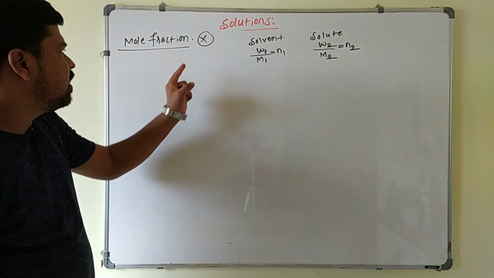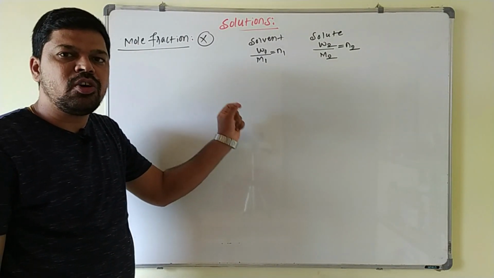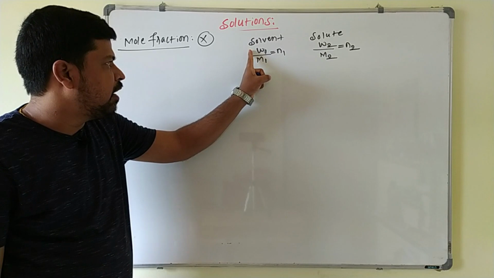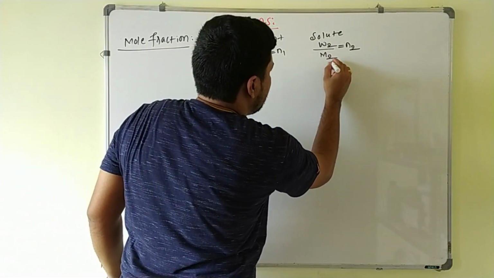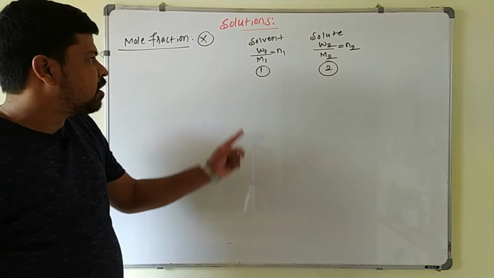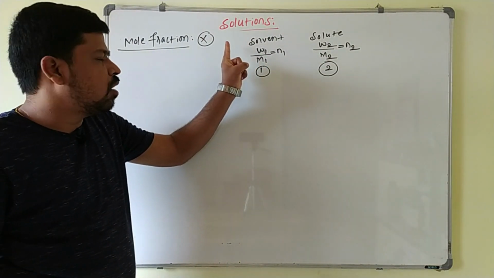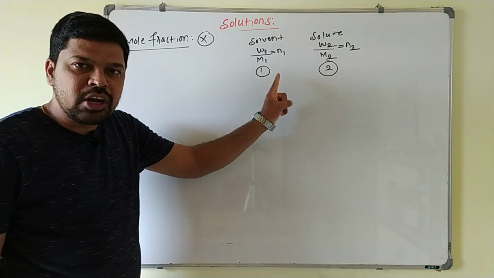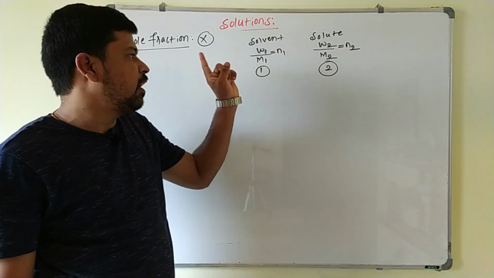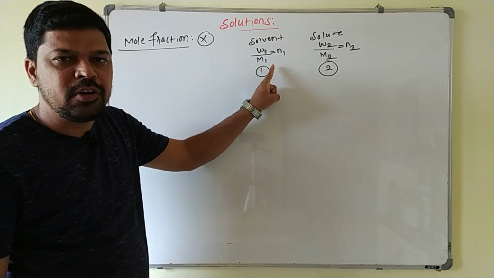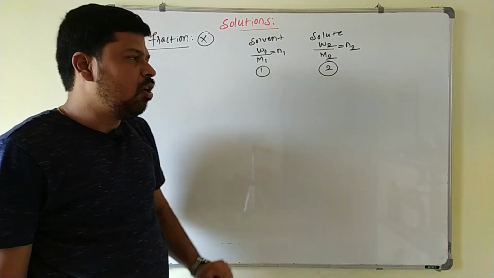It is the ratio of the number of moles of one component to the total number of moles of all the components.